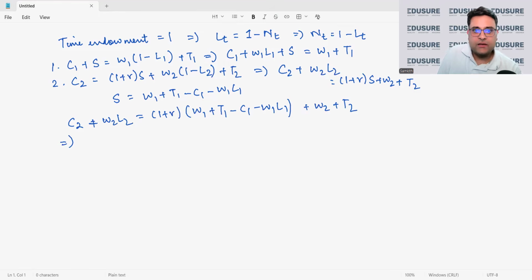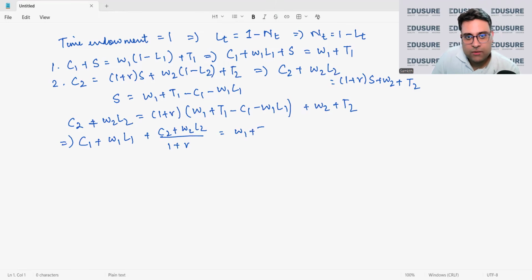So I basically try to consolidate this. C1 plus W1 L1, I divide by 1 plus R throughout, plus C2 plus W2 L2 by 1 plus R is equal to W1 plus T1 plus W2 plus T2 by 1 plus R.